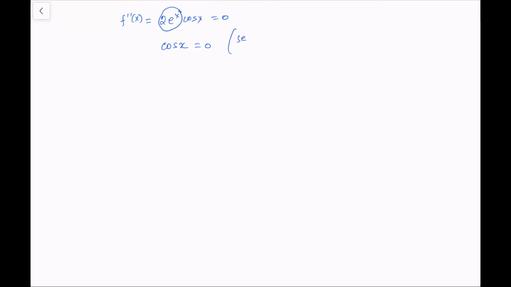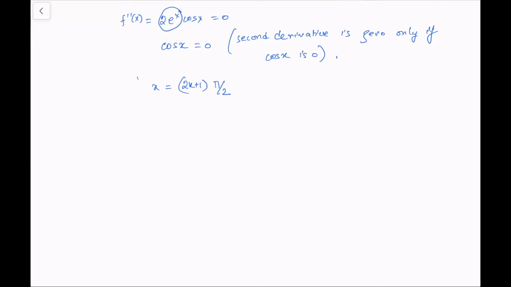Let me write that. In fact, second derivative is 0 only if cosine of x is 0. So clearly cosine of x is 0 when x is some odd multiple of pi by 2.